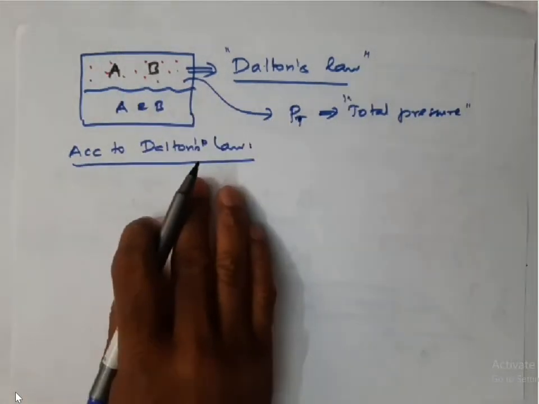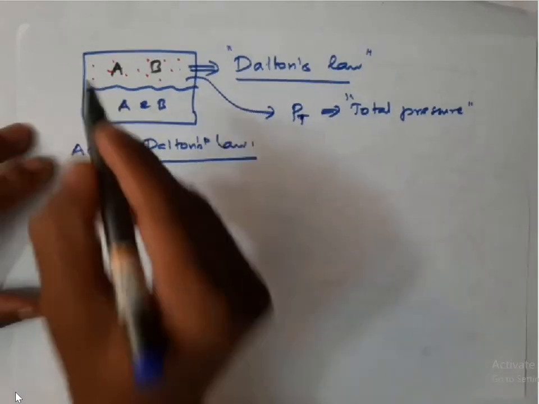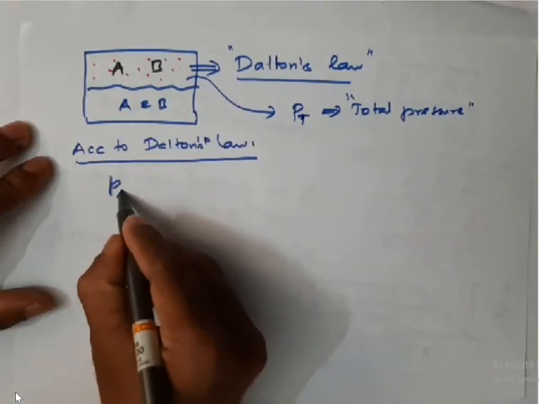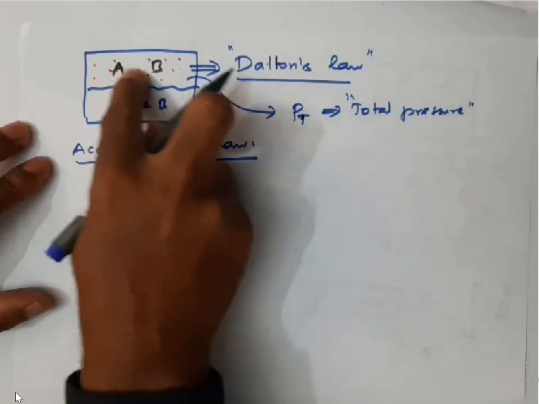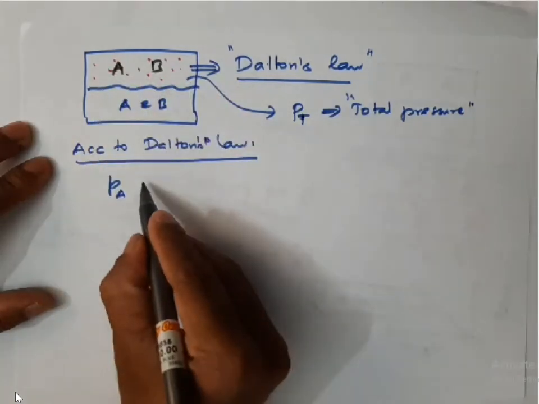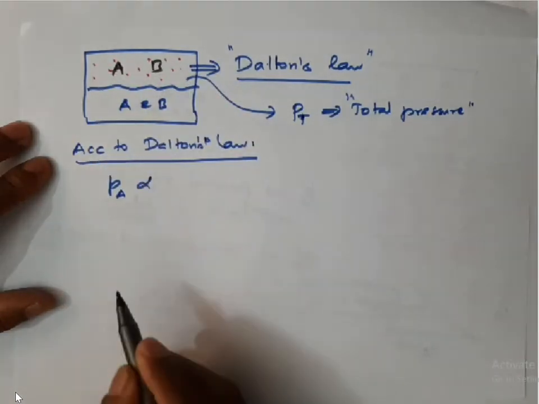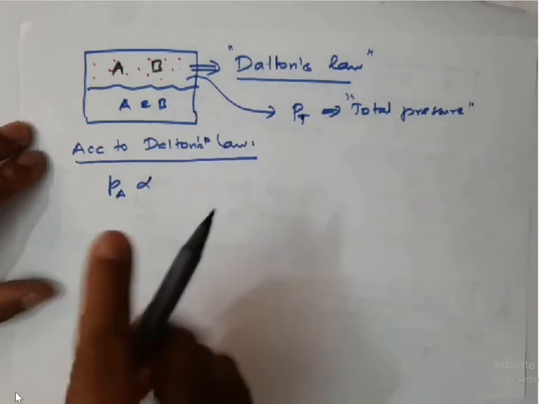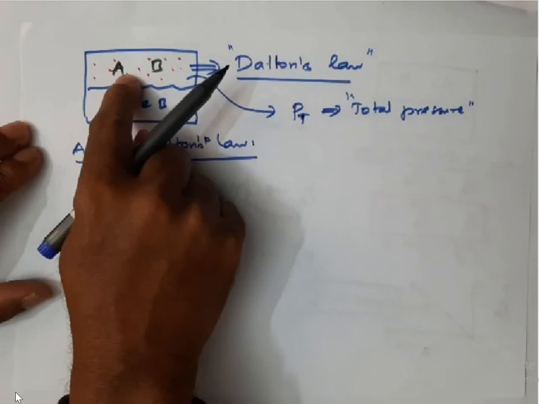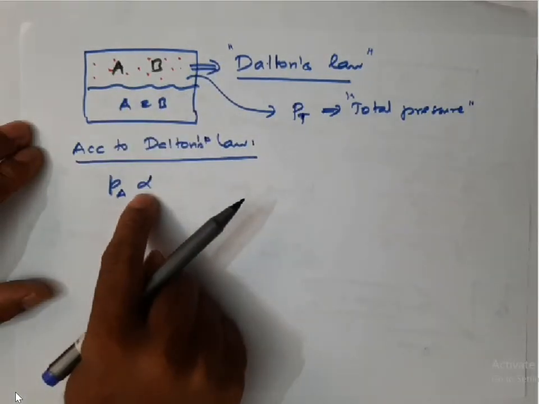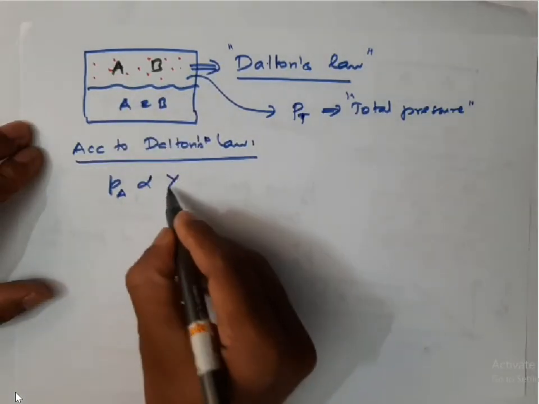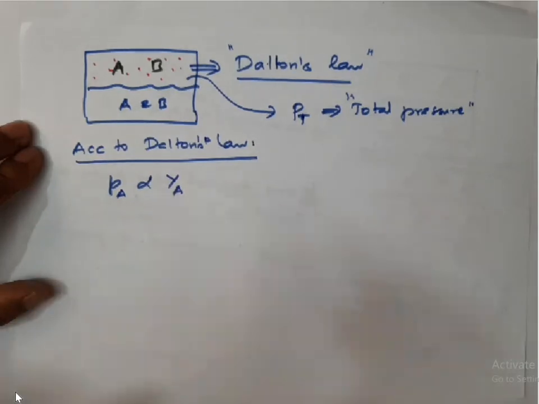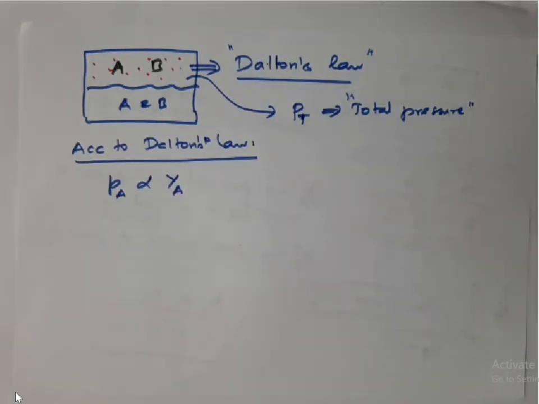According to Dalton's law, the partial pressure of A in the vapor phase is directly proportional to the mole fraction of A present in the vapor phase. What are YA and YB?